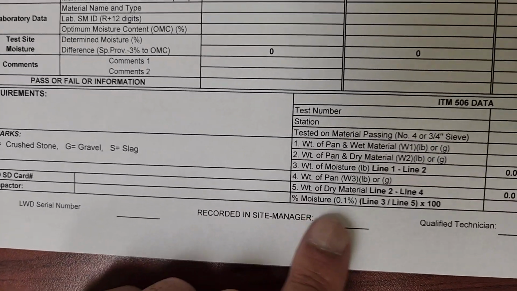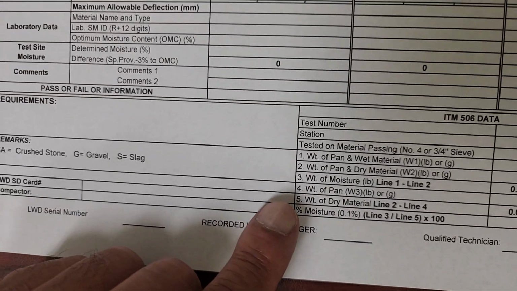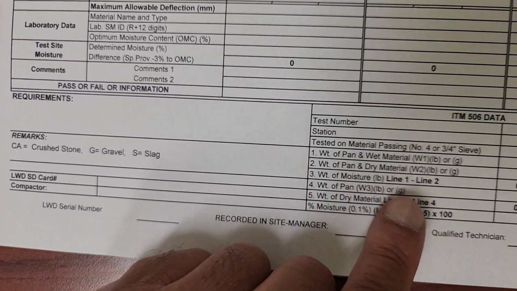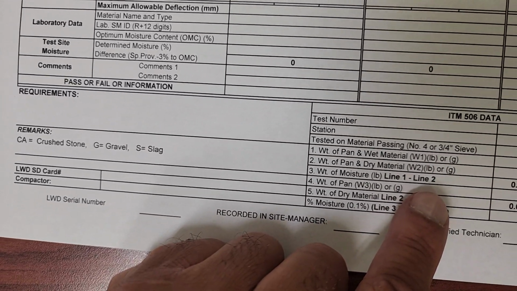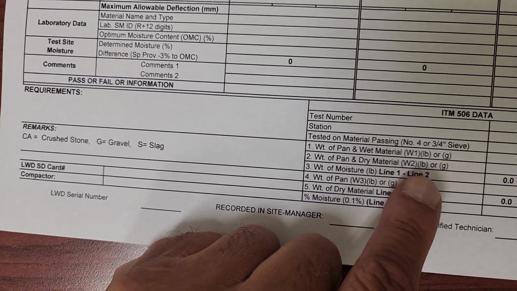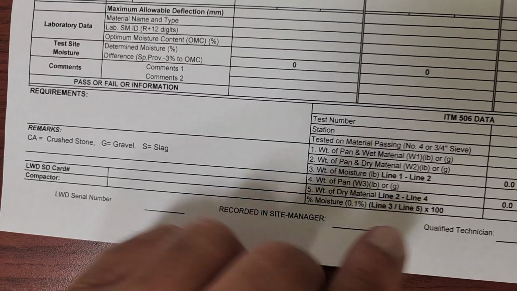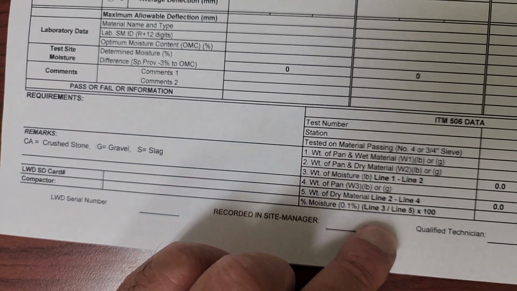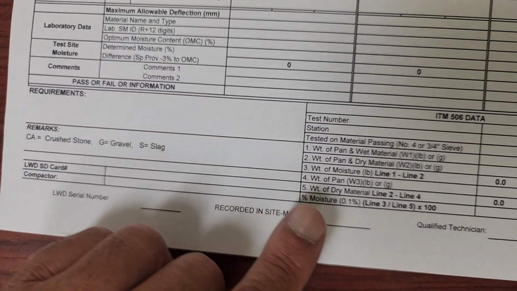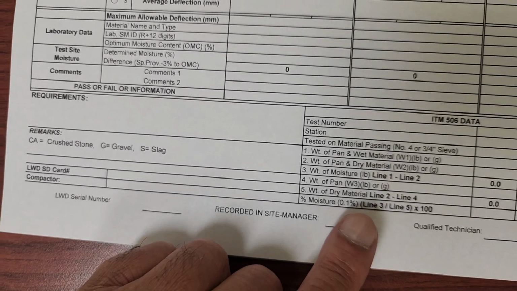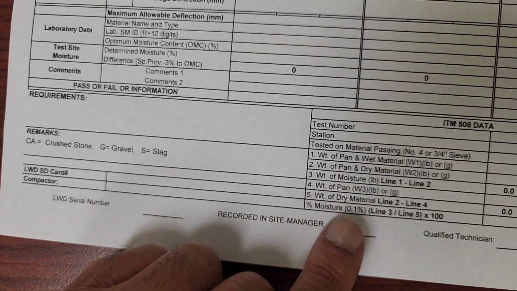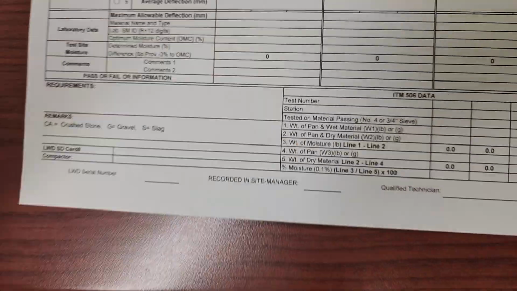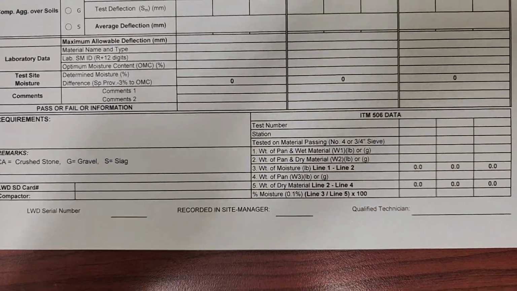And then if you want your percent moisture, you take the result of subtracting your dry material plus pan from your wet material plus pan, and you divide it by what you got from subtracting your weight of pan from your dry material, and you multiply it by 100.